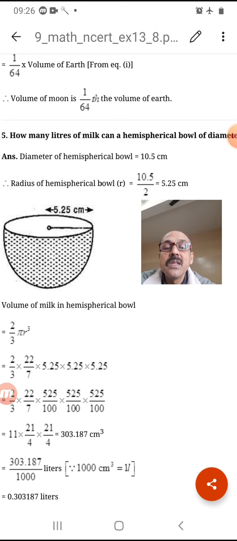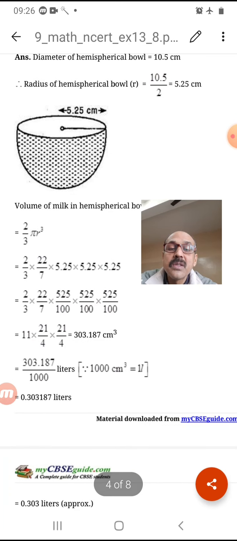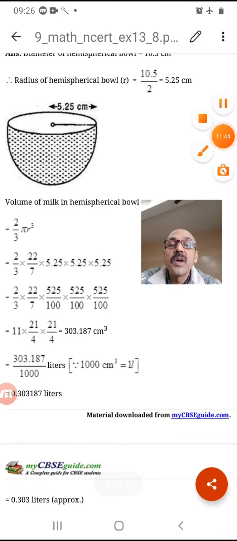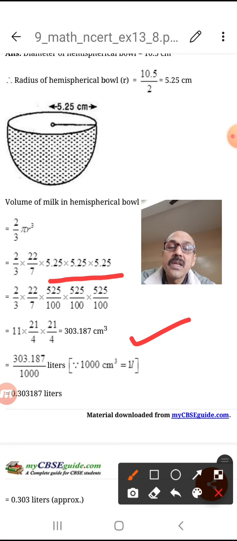Now 2 by 3, 22 by 7, and the radius is 5.25. This is the volume of the hemisphere, and 5.25 means 525 by 100. So 11 into 21 by 4 into 21 by 4, that is 303.187 centimeter cube.